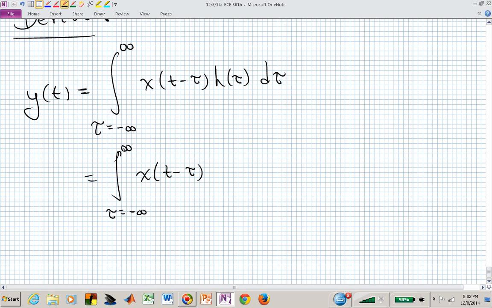But we do have another way of expressing h of tau. We can rewrite h of tau in terms of a weighted combination of its frequency content, which is h of omega e to the I omega tau d omega from omega equal minus infinity to infinity, d tau.